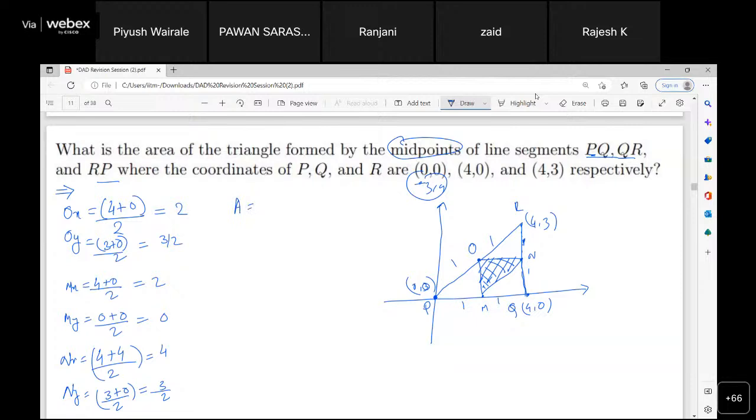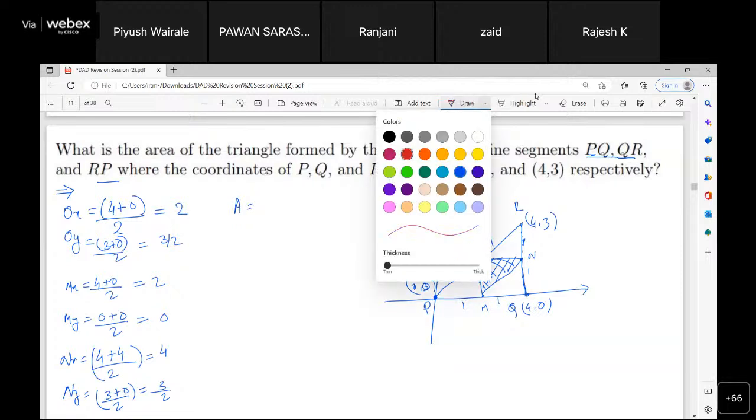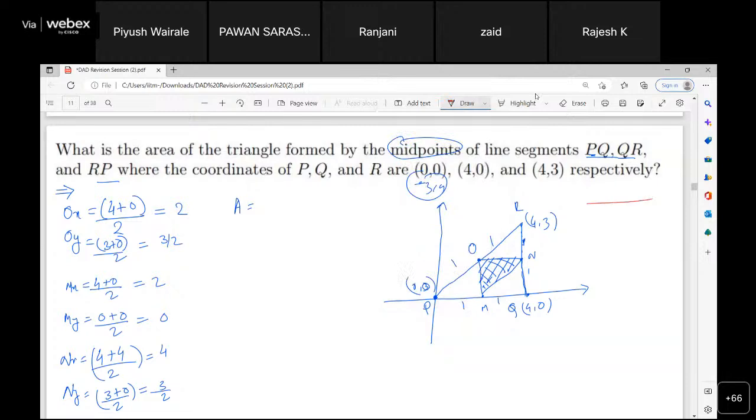So what will be the area here now? I will draw this triangle here. So this is 2 comma 3 by 2, this is 2 comma 0 and this is 4 comma 3 by 2. Now just apply the area of triangle formula.